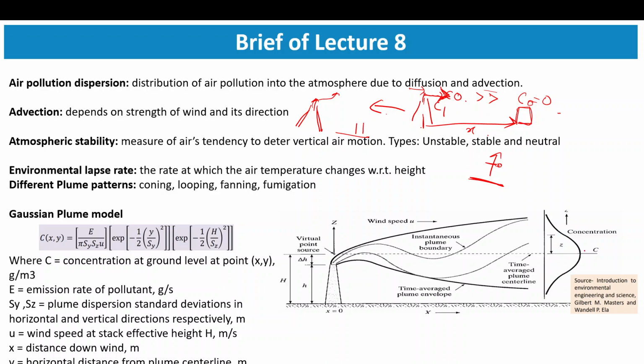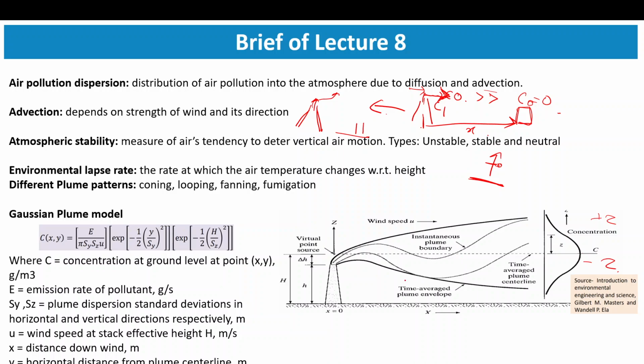So it follows it. As we move away from the center line in both the plus z direction and the minus z direction, the concentration reduces in a bell-shaped manner, right? So after a certain distance, it depends on what concentration is being emitted, at what rate it is emitting, and obviously the wind speed and direction.